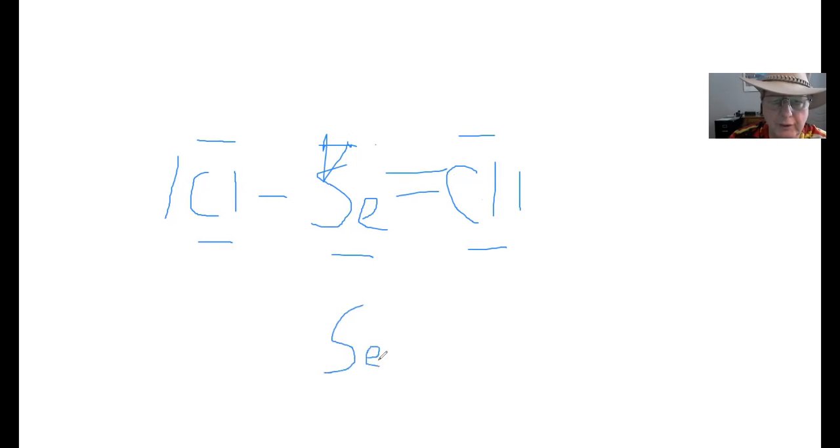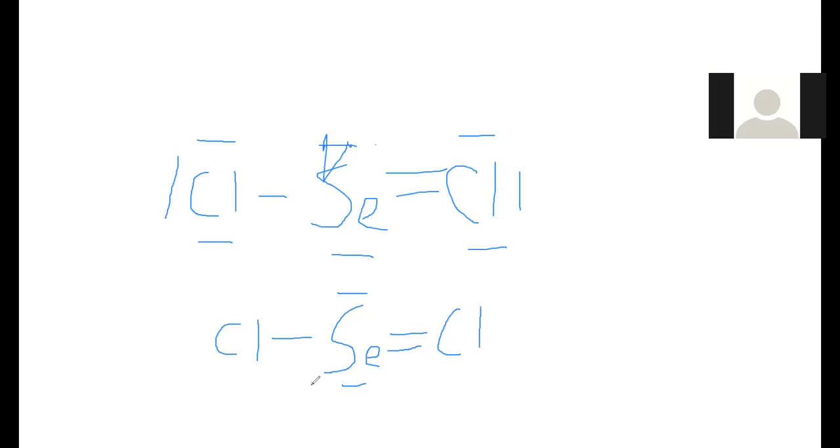Then selenium would have too many. Selenium 2, 4, 6, 8, 10 now. Okay, Cassidy? So you can't make a resonance structure out of this one.